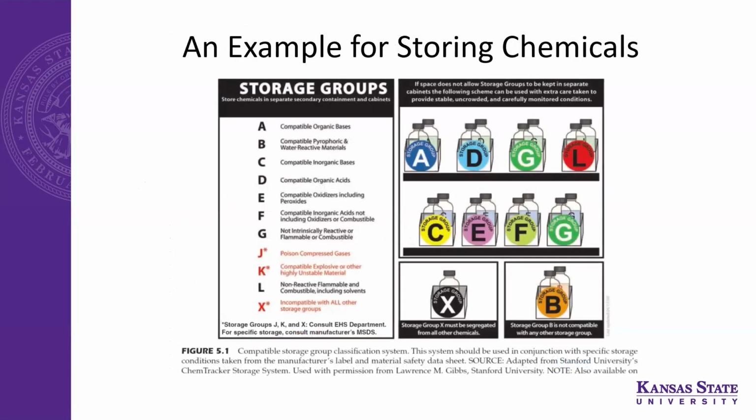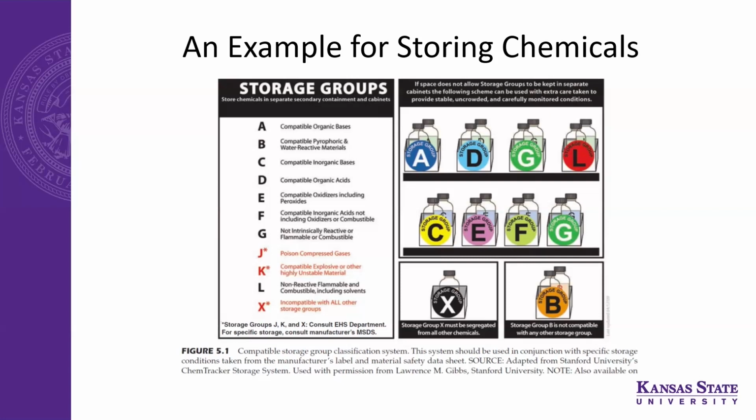This is an example of storing chemicals. Obviously space can be an issue, right? So although you have to separate the chemicals by class, if space is a problem, you may have to combine some of those. So this is an example.